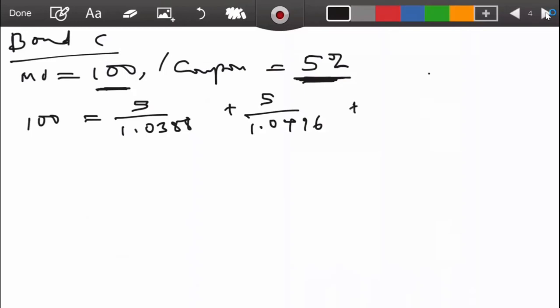For the final year, interest plus principal, 105 all over 1 plus r raised to power 3.